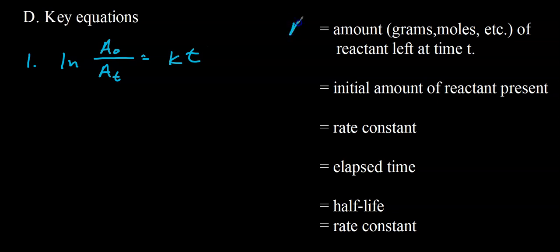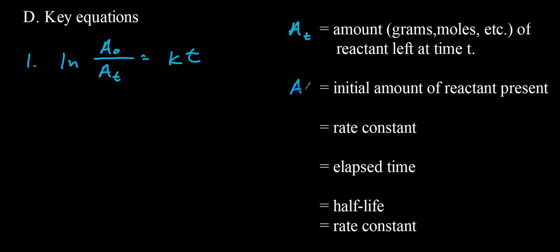So A_t is the amount of a substance, and that could be in grams, moles, concentration, number of atoms, all kinds of different things that we're given the amounts of, especially with nuclear reactions. So the amount of that substance after some elapsed time t.